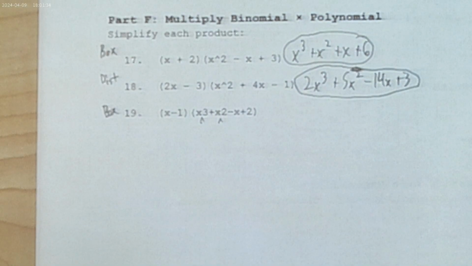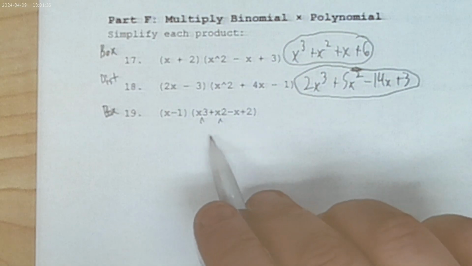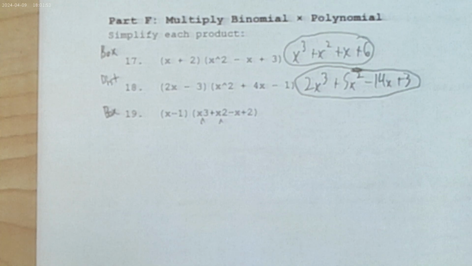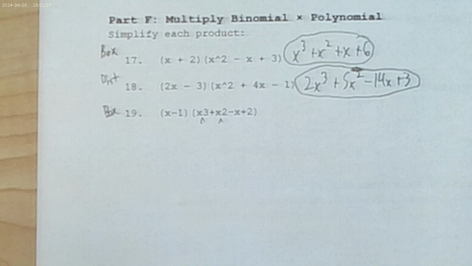But anyway, I've got 1, 2, 3, 4 terms, but that's not really going to make that big of a difference. If we can make a box work with 3 columns, we can make one work with 4. At least I hope we can. It's going to be really embarrassing if everything falls apart and I go look online and it says, whatever you do, don't use 4 with a box.